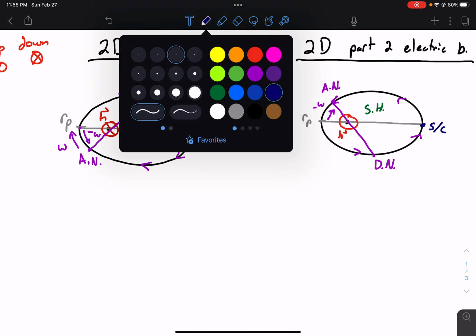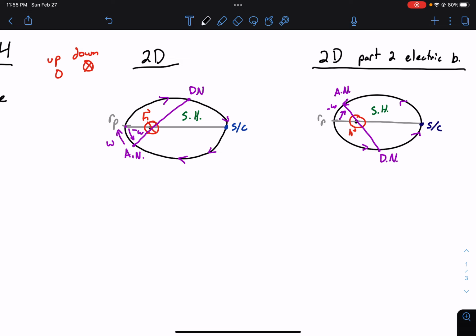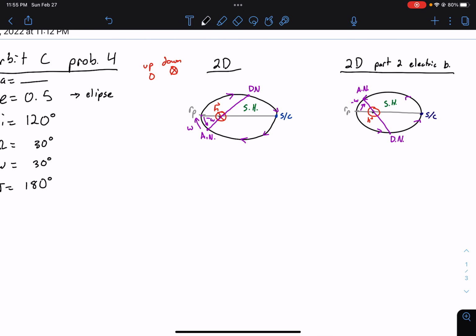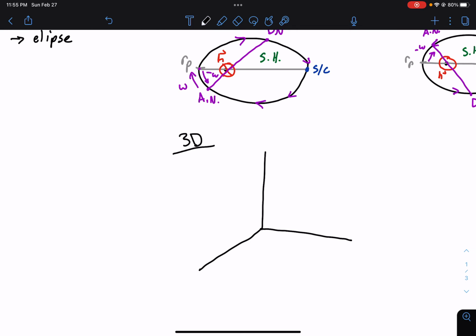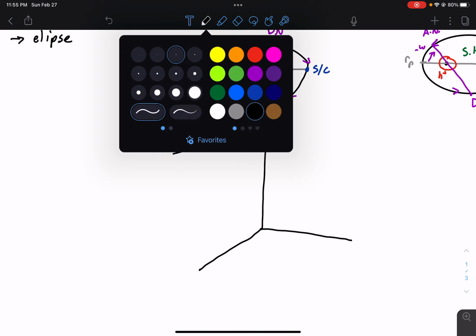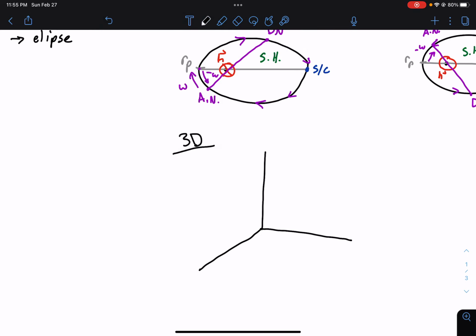Okay, well, what if we draw this in 3D? Let's go ahead and get our coordinate system. A helpful thing that I have always done, not necessarily something you need to do, is draw Earth as a reference.